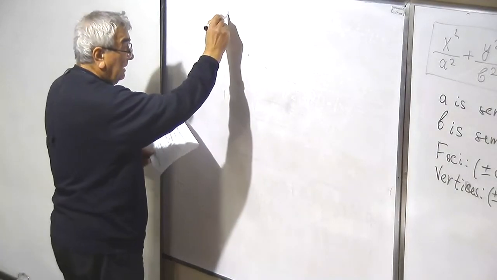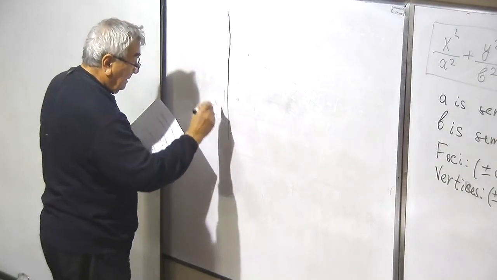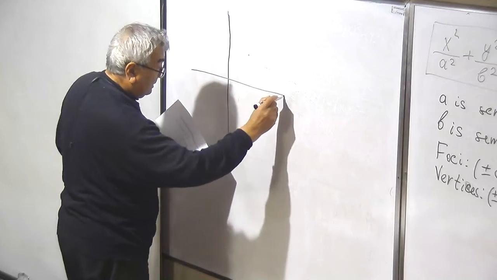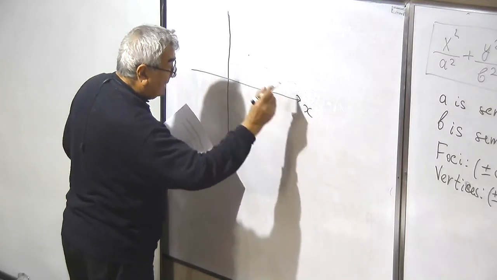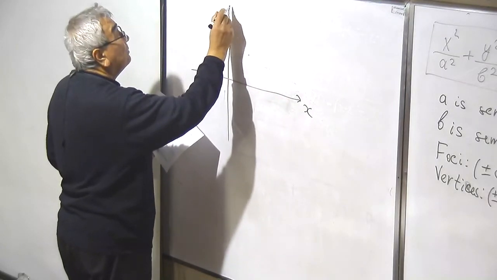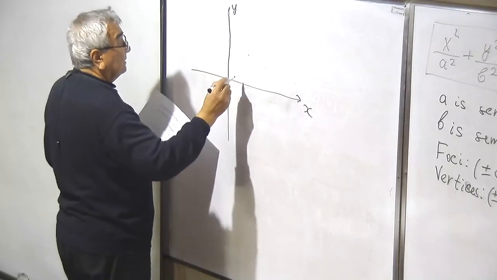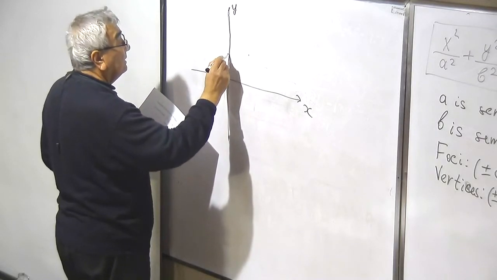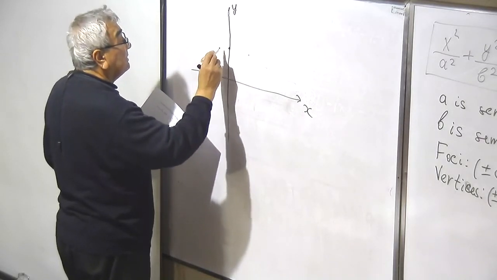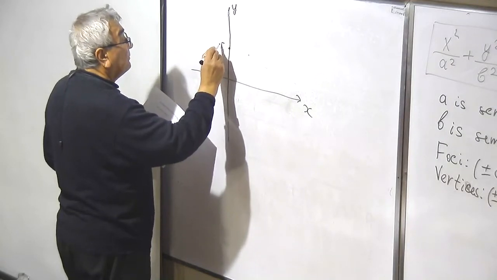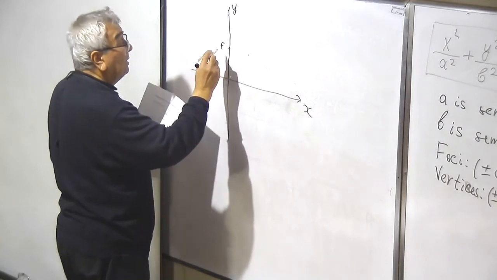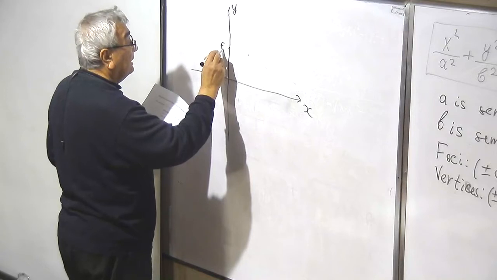We have again x-y coordinate axes. This is the x, this is the y. Here this will be f1 and here f2. The x coordinate of them equals 0.